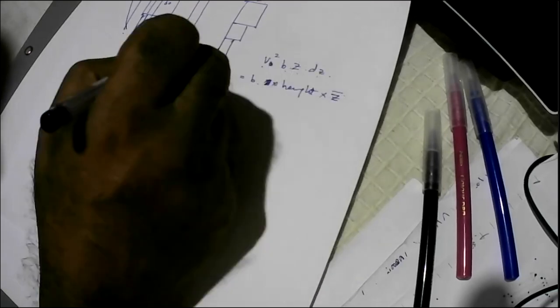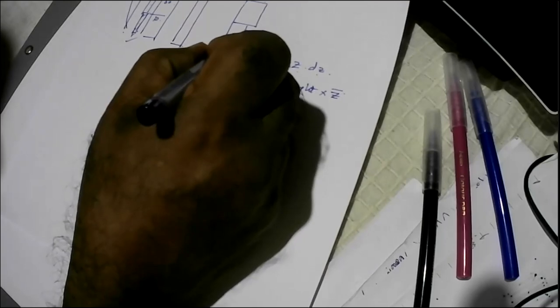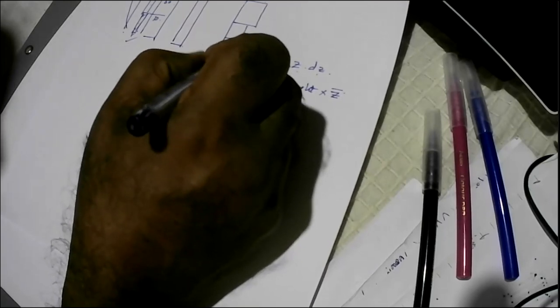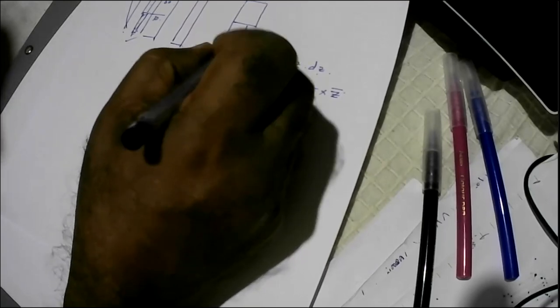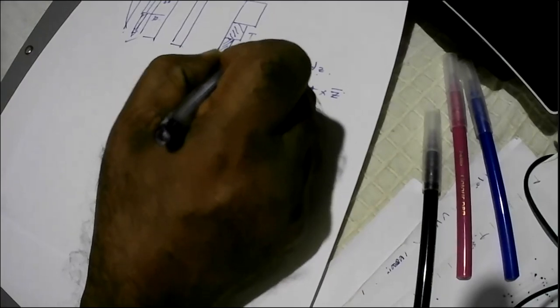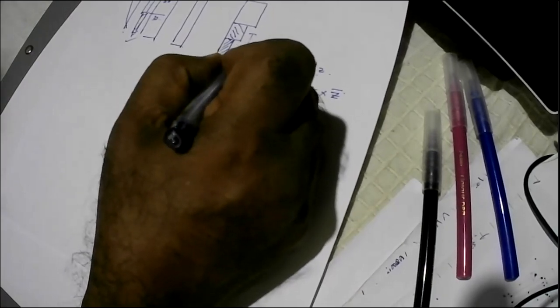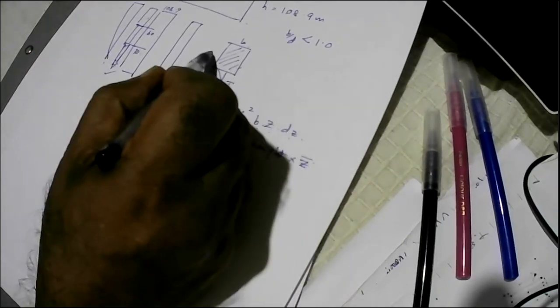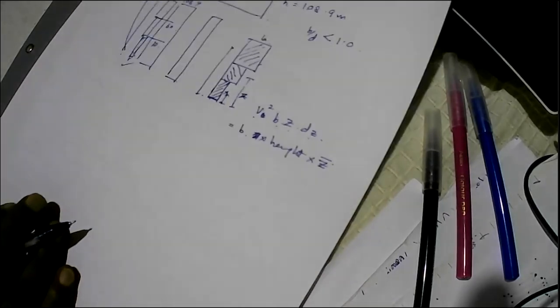So I can say this is equal to the area of this multiplied by the distance to the center, and the area of this multiplied by the distance to the center, and area of this multiplied by distance to the center.